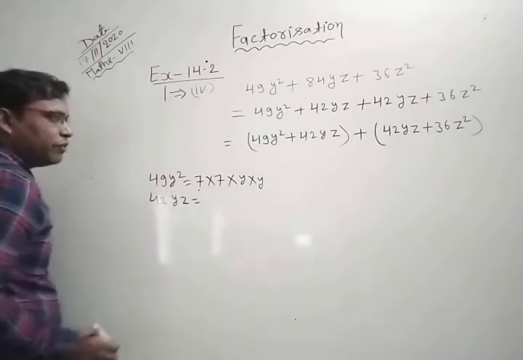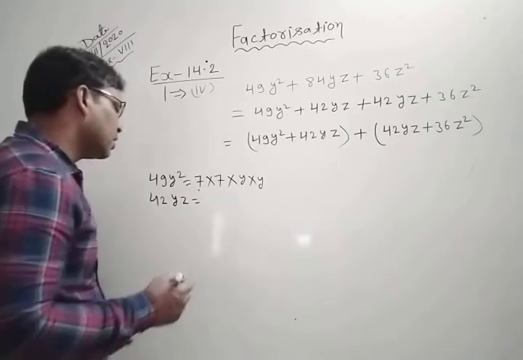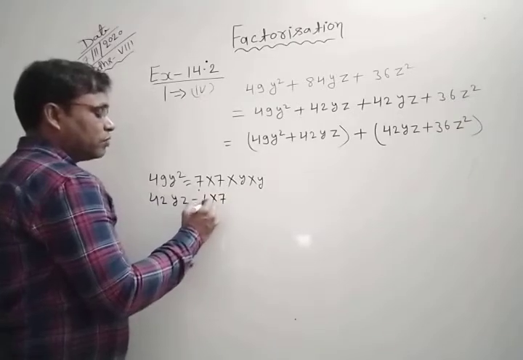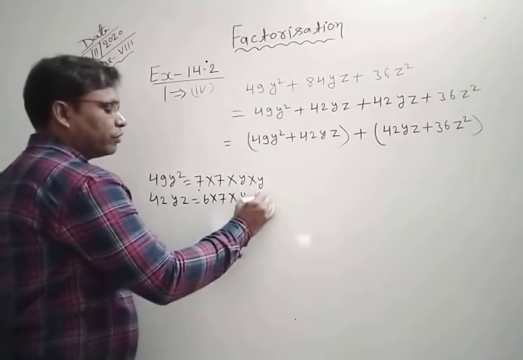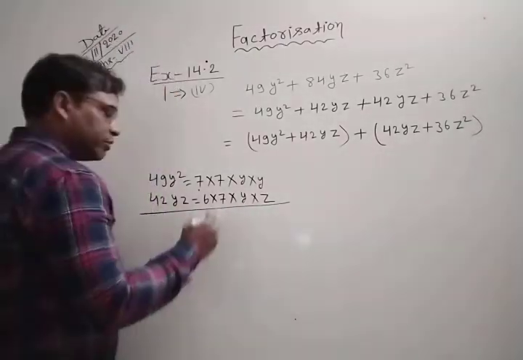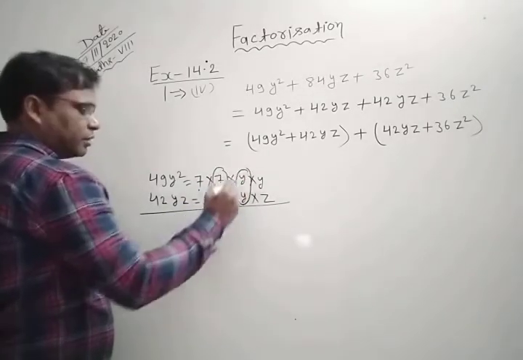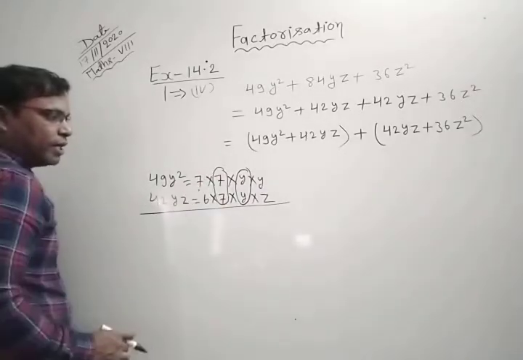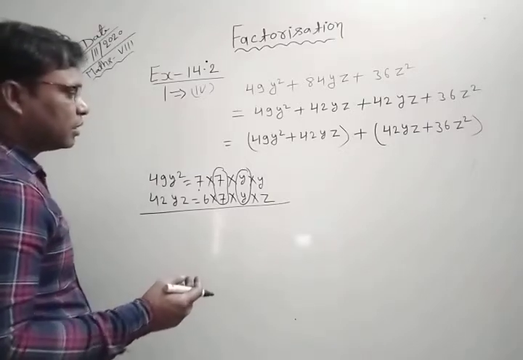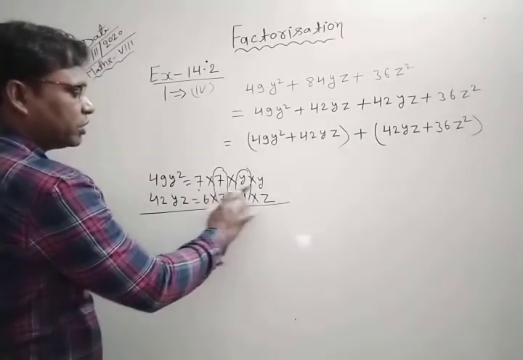Again we express 42yz as a product of irreducible factors. 42 means 6 into 7, and yz means y into z. So what is common between them? Obviously 7 is common and y is common. If you take 7y common, then the first term of the first group gives 7y and the second term gives 6z.